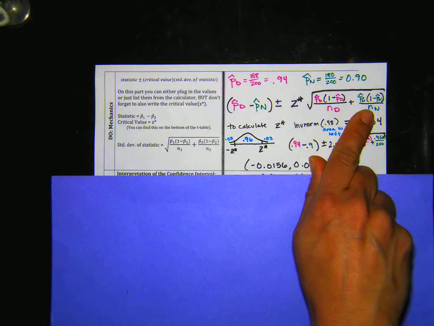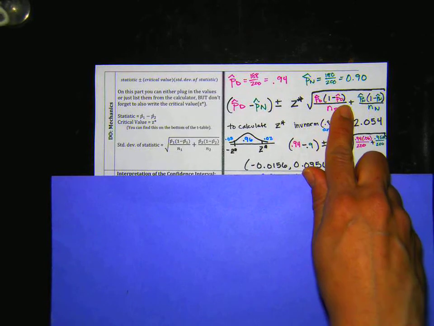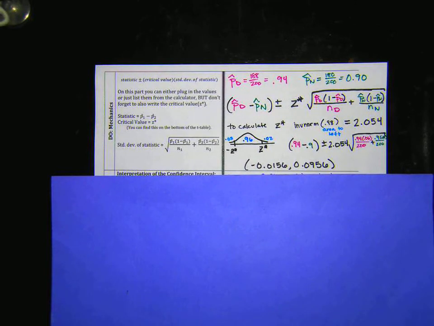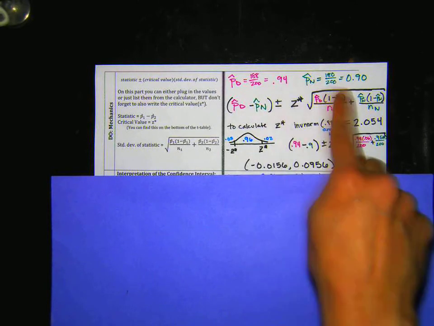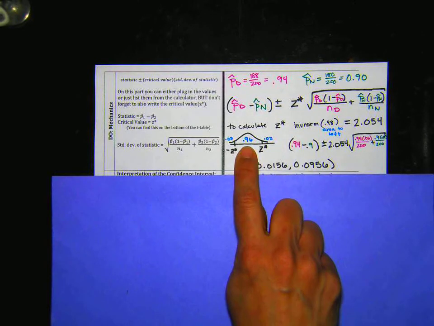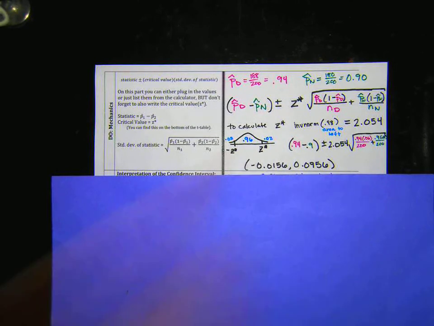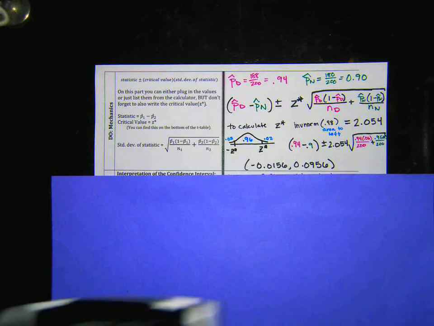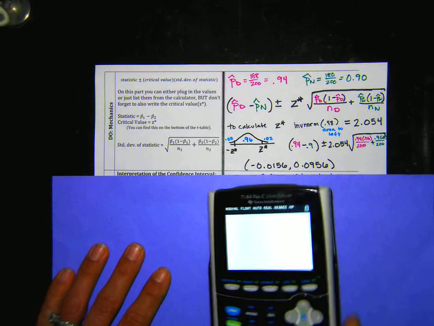We're using p-hats in our confidence intervals. Our confidence intervals are always going to use sample information, sample data for the standard deviation. So the only thing I don't have from the problem is the z-star. So I use this 96% confidence level to calculate z-star. I also have to use my calculator.